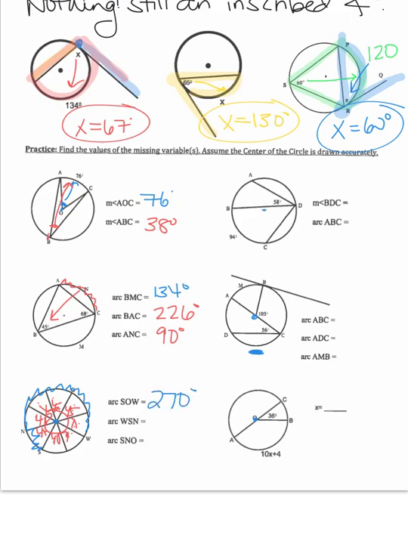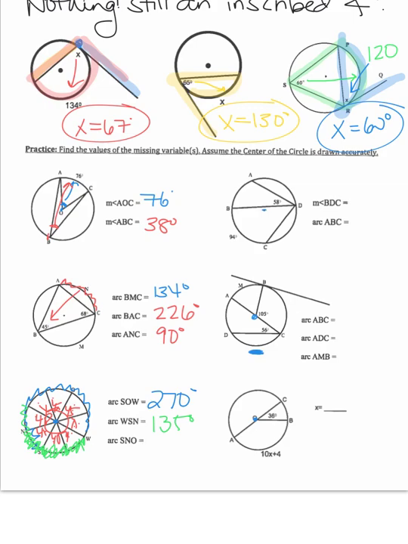And then I want to find WSN, W to S to N. That's half my circle. Oh, I'm sorry, it's not quite half. W to S to N. I went a little far, it's just these. It's hard to see it on my screen. That's there. So 45 plus 45 plus 45 is 135.